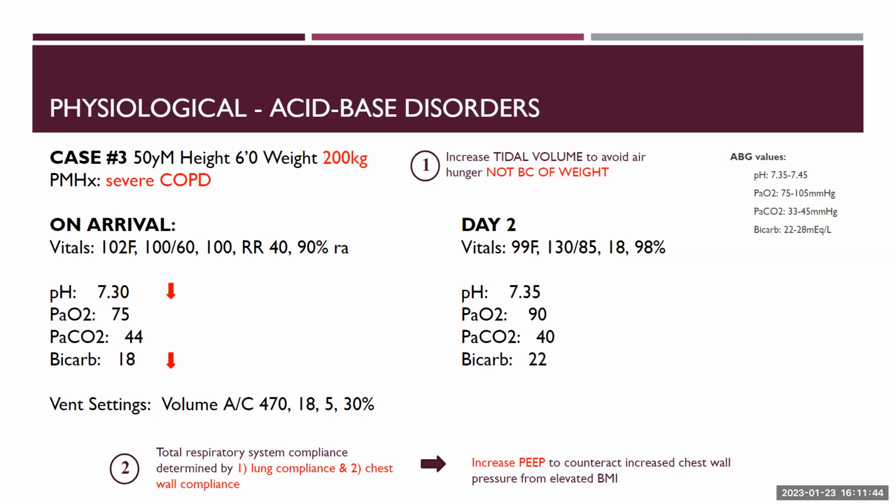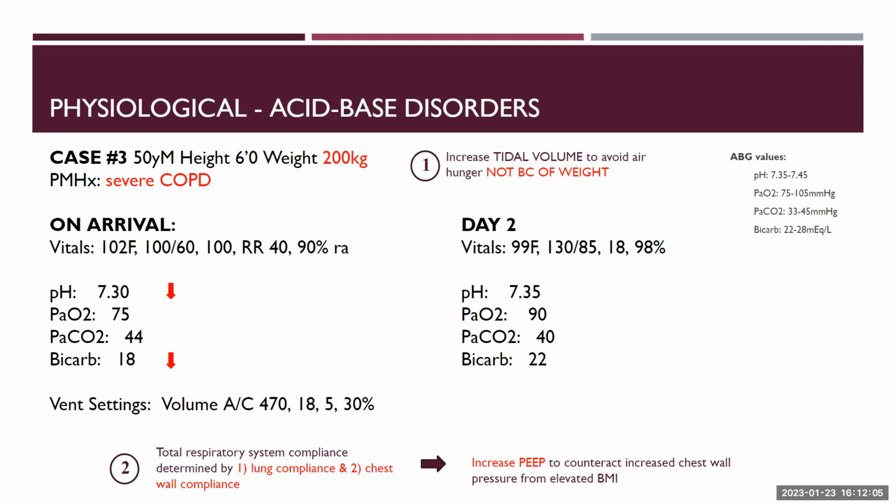Yeah, and it's mostly because you're essentially trying to counteract the weight from their chest wall to allow alveoli to open. So they essentially are not having enough alveoli open, and by adding more PEEP, you're not really correcting for hypoxia.